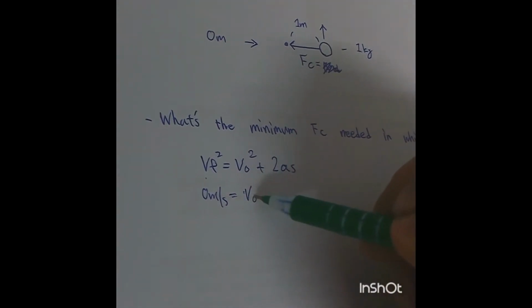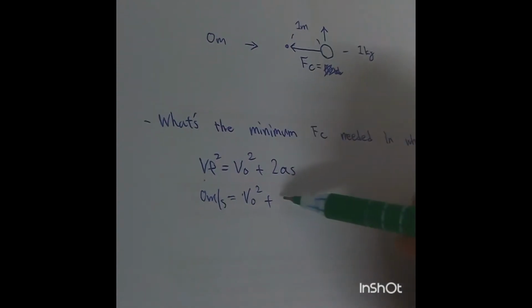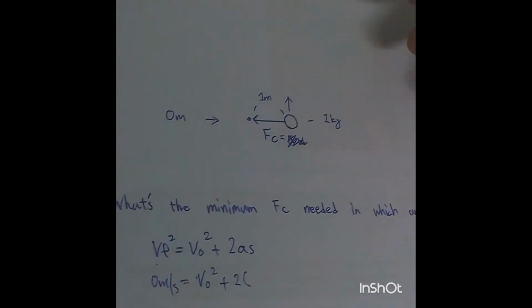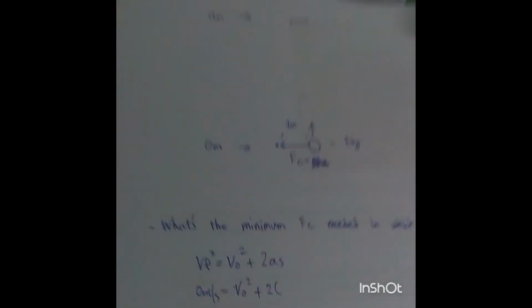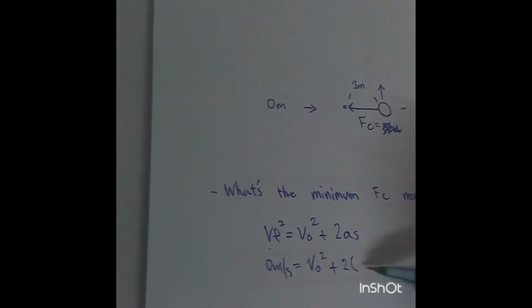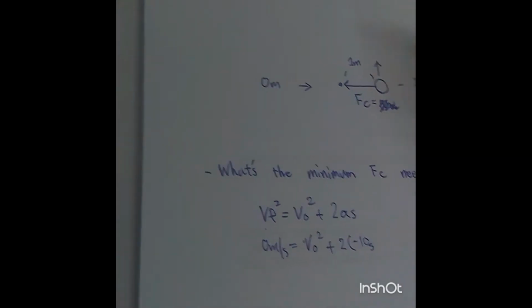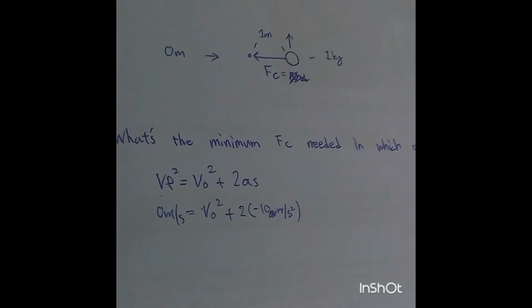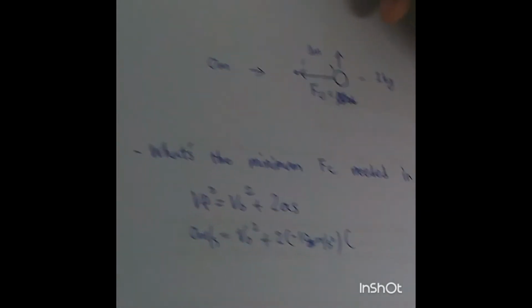A is gravity, which is minus 10 meters per second squared, and s is given as 12.